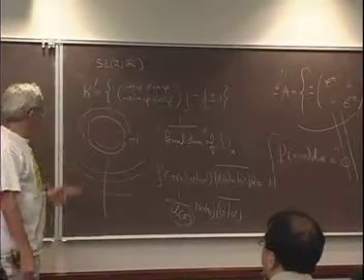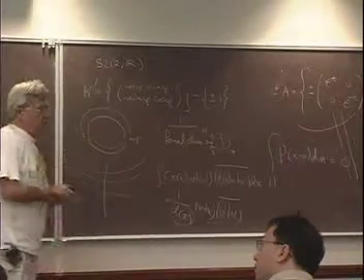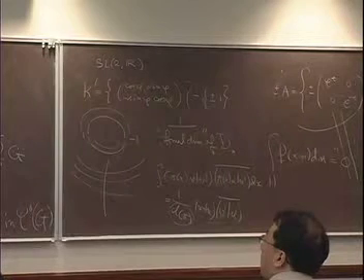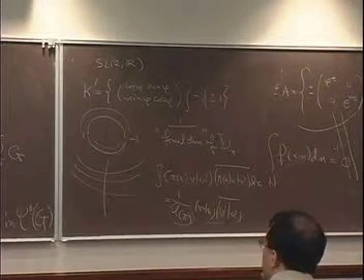But if you take a cusp form, then this is not the case, so you get a smooth function on the circle.